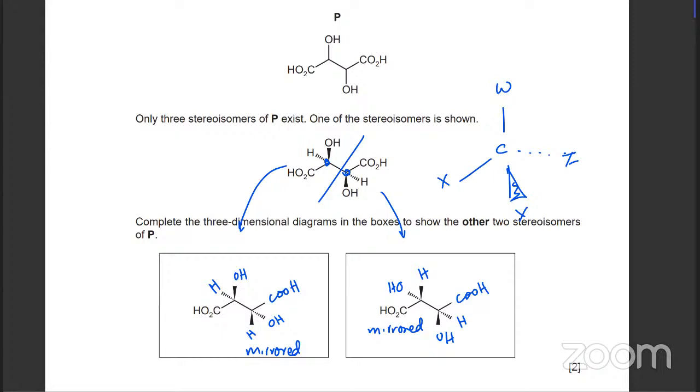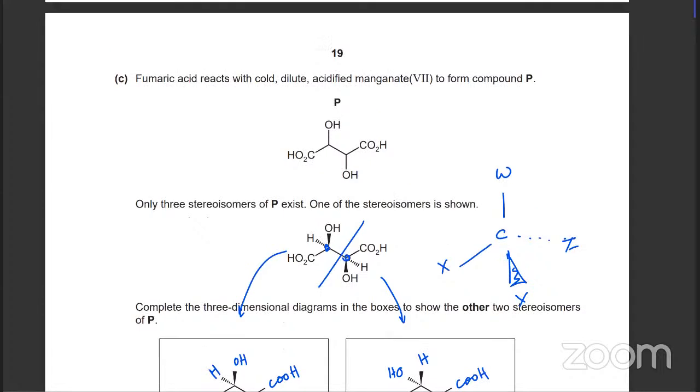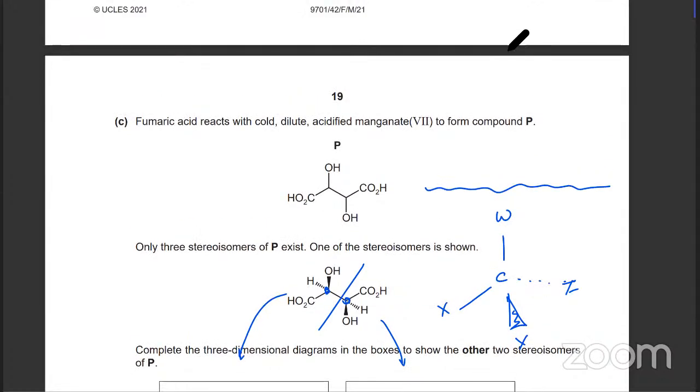Let's say I put a mirror over here. How would this molecule look on the other side? It's going to look something like this. Is that clear as well? Yes, sir. W would be over here, Z over here, X over here, and this would be Y.